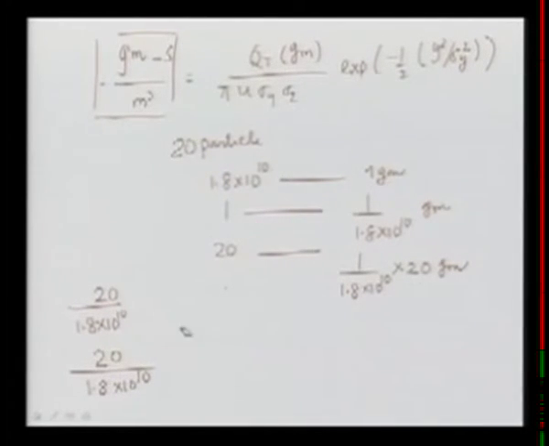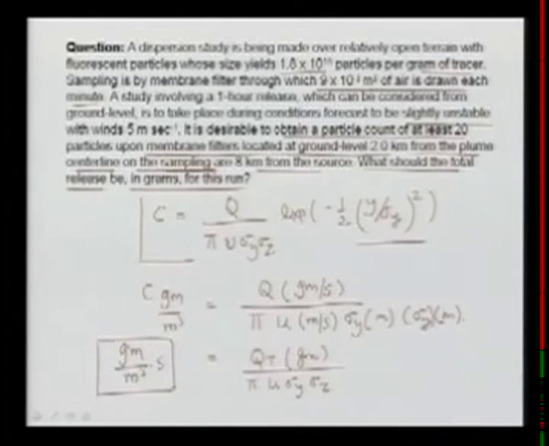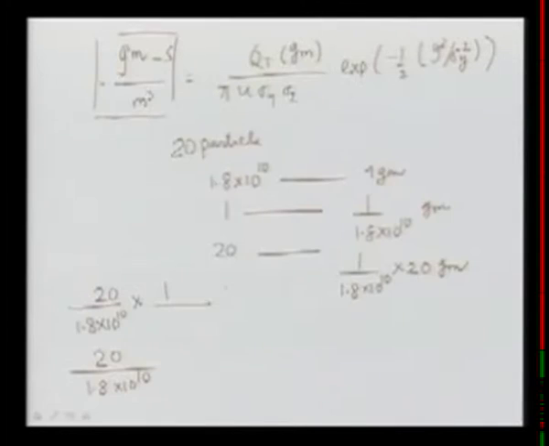So this should be 1 upon, what was the flow rate? 9 into 10 to the power minus 3 meter cube per minute.